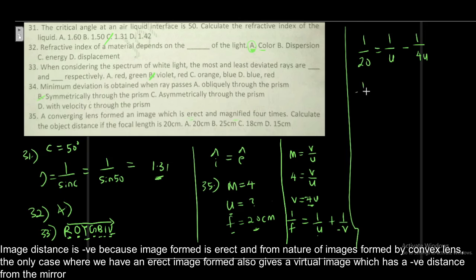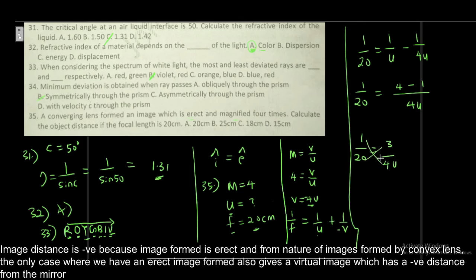If we simplify this, we have 1 over 20 equals, with the LCM being 4U, 4U divided by U gives 4, and 4 times 1 gives 4, minus 1 times 1 gives 1. So we have 1 over 20 equals 4 minus 1, which is 3, all over 4U.